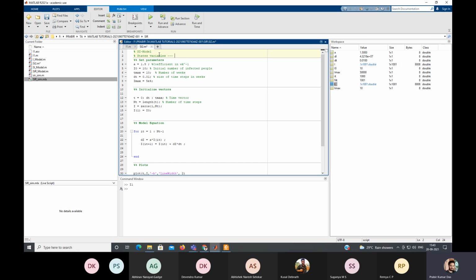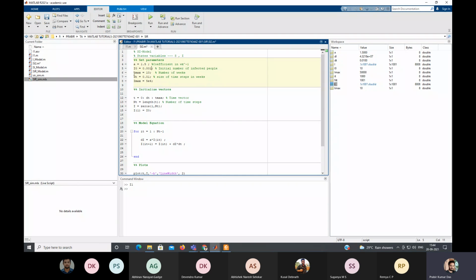Variables are S and I. These are our state variables. Here we will consider susceptible people and infected people. So A value remains same, and I0 value, this time we will make I0 very small, something like 0.001. We consider that very few people are infected in the very beginning.